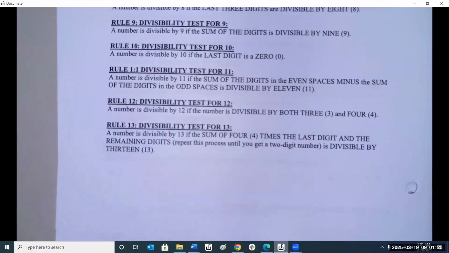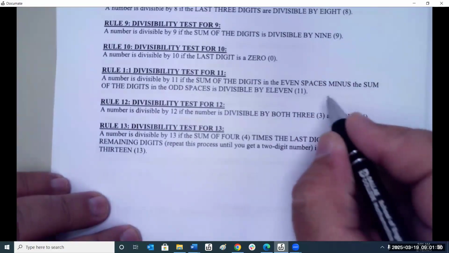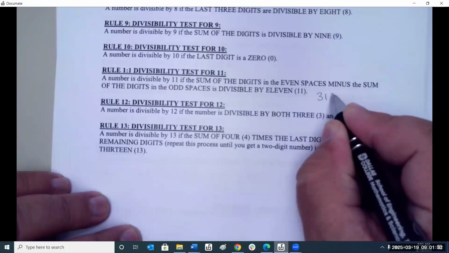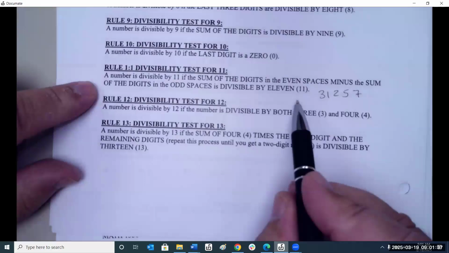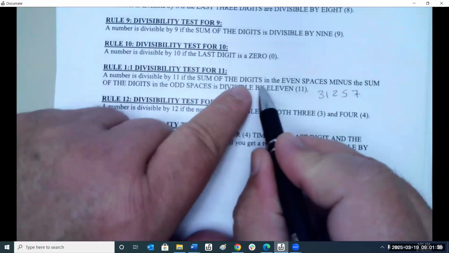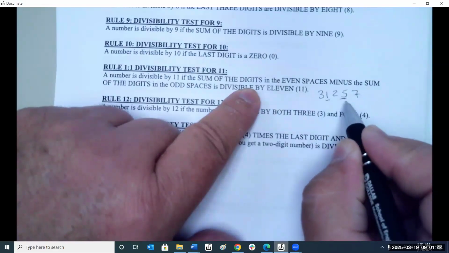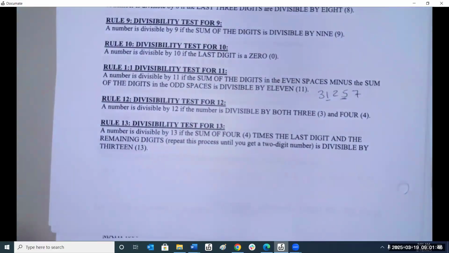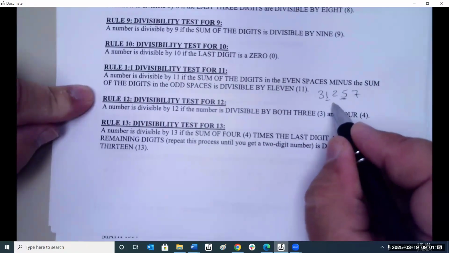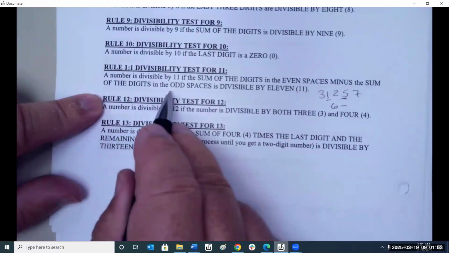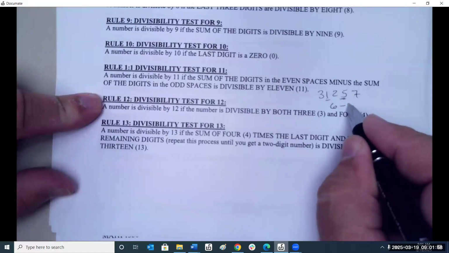In other words, if you have a number like 31257, what this says is the digits in the even spaces, so the second space and the fourth, minus, this is the sum, so we have 5 plus 1 is 6, minus the digits in the odd spaces, 7 plus 3 plus 2.